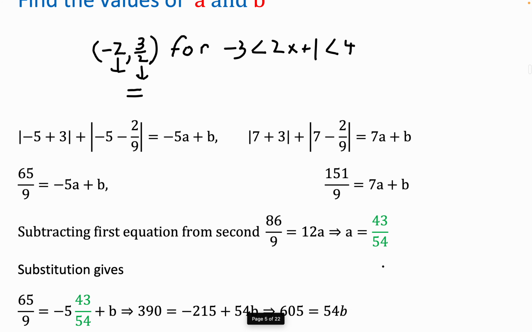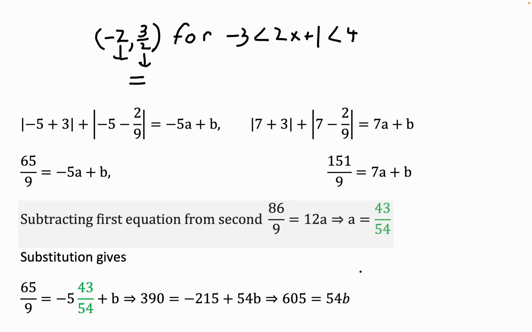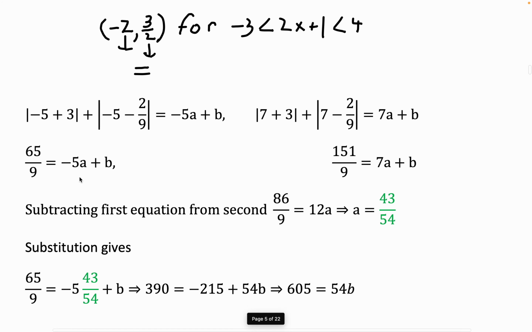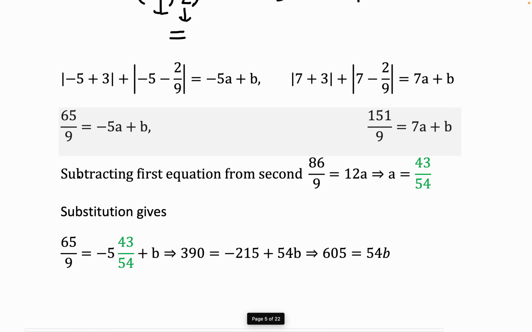Now, I substituted it into the equation with the smallest constants. You can see right here, I took this 43 over 54 and just placed it where a is. A nice thing that happened here, just arithmetically, if you're interested, notice that 54 over 9 is 6.